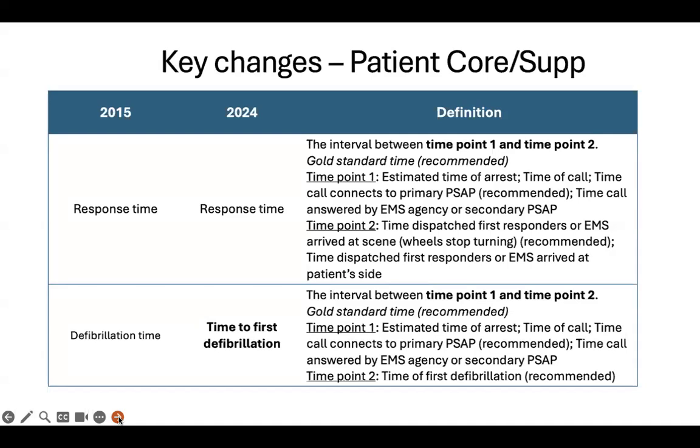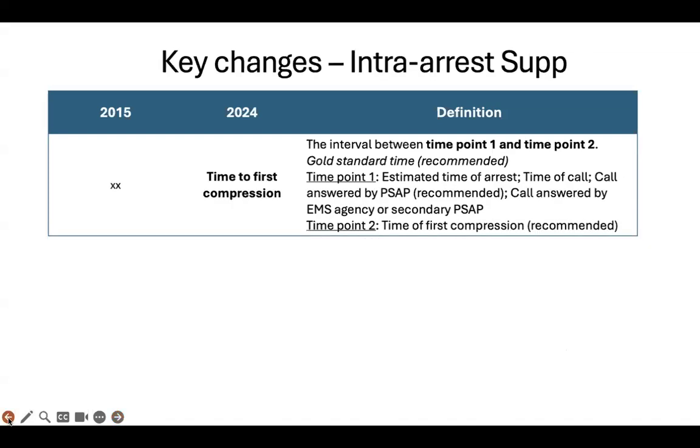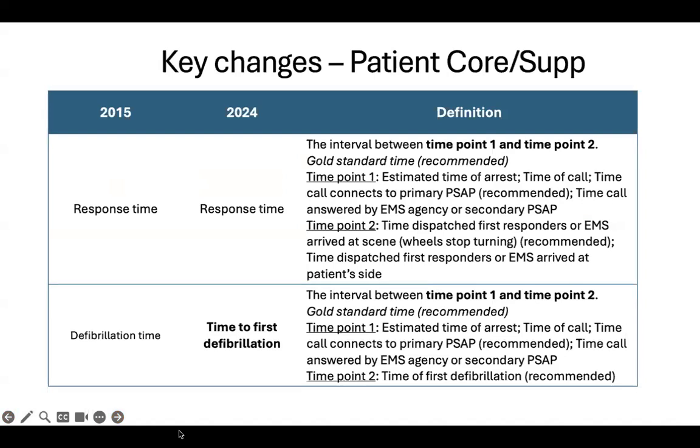Let's take, for example, response time. Judith had mentioned previously that what is recommended is to take the time that a call connects to the primary public service answering point. The Americans call it the primary PSAP. Usually, for example, in the US system, that's 911, the time that a call connects to 911. However, sorry, Janet, just keep to the same slide.